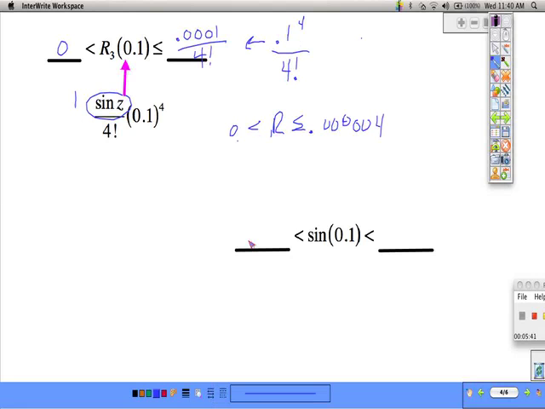So sine of 0.1 based on Taylor's theorem will need to be between 0.099833, the value that we got from our third polynomial, and that plus our 0.000004. So this is telling us that our approximation is pretty good.